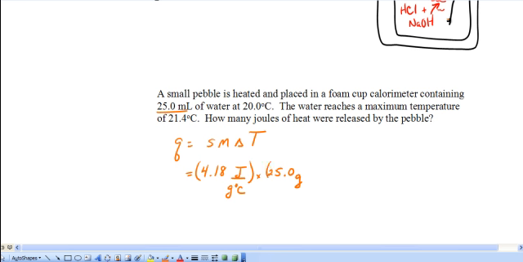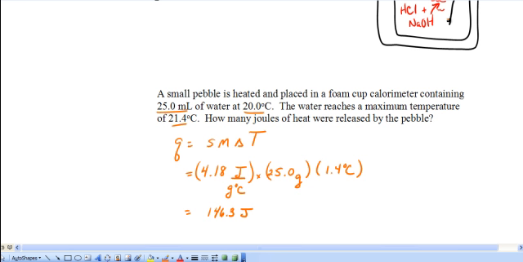Alright. The temperature change, it started at 20, it ended at 21.4, so therefore the temperature change is just 1.4 degrees Celsius. And so when you perform that calculation, 4.18 times 25 times 1.4, we get 146.3 joules of energy that was absorbed by the water and released by the pebble.